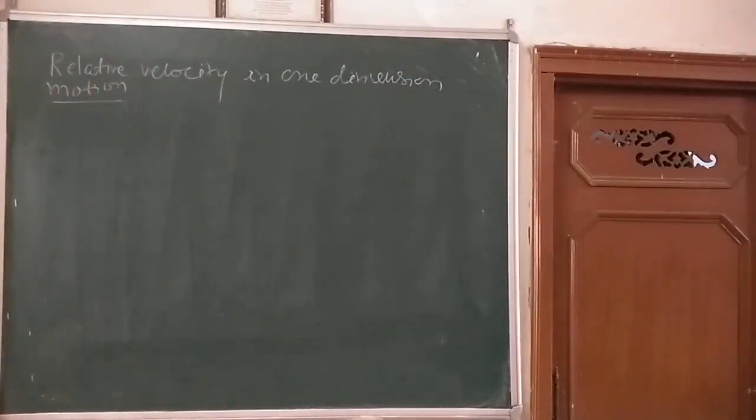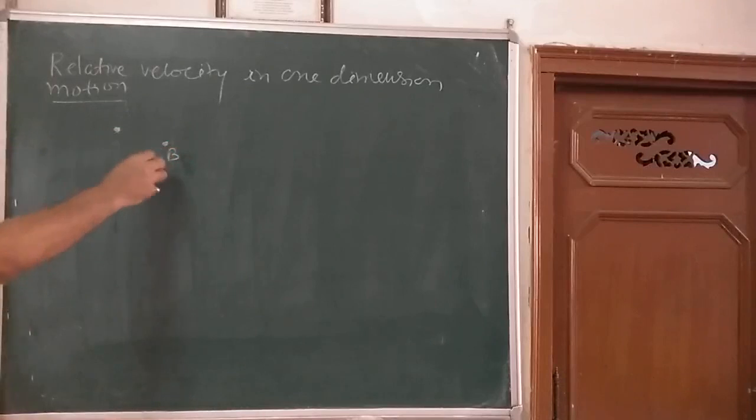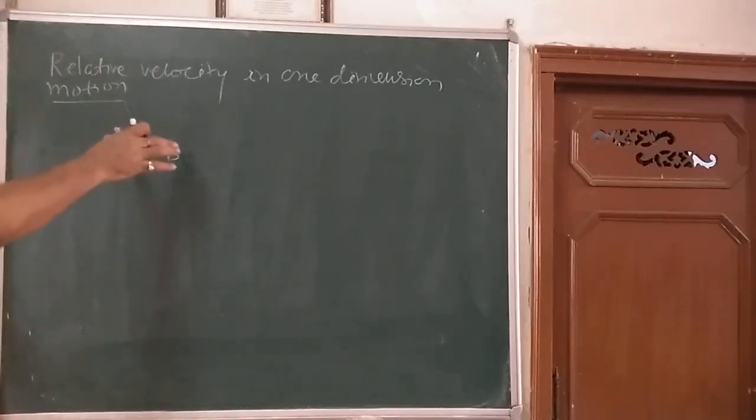Suppose two objects A and B are moving with different velocities.